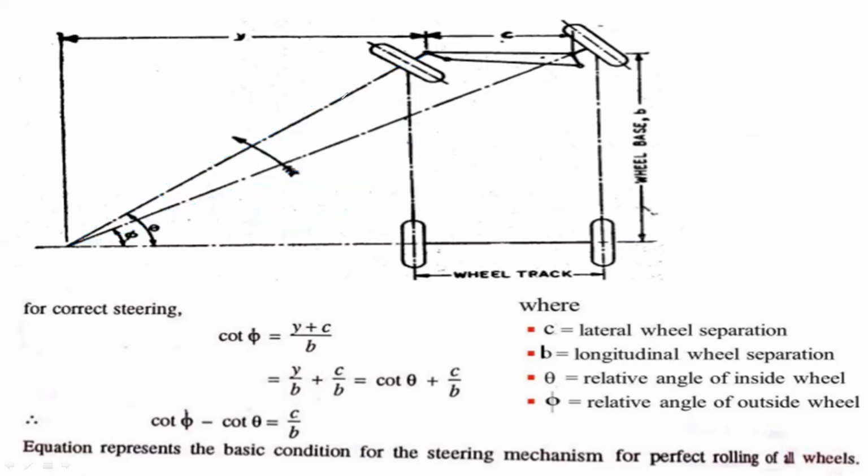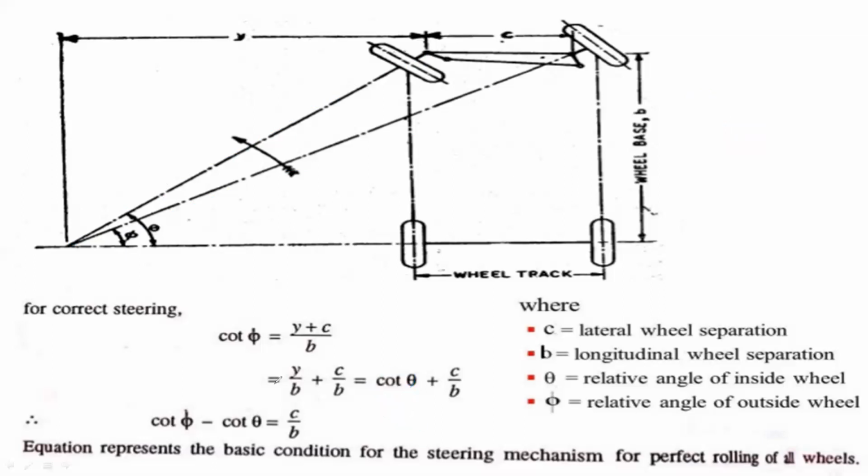That distance y is the adjacent side, and the opposite side is b. So cot theta is equal to y by b.